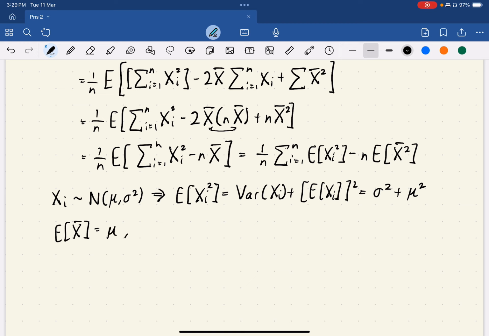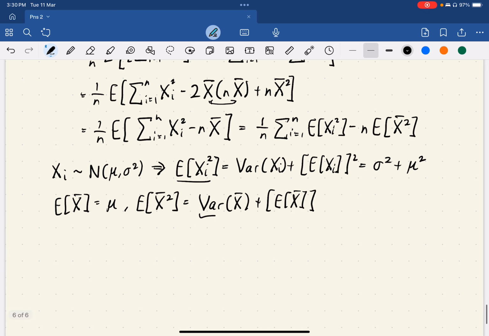And we can also find the second moment using the same method that we used for xi here: the expectation of x bar squared equals the variance of x bar plus the square of the expectation of x bar.